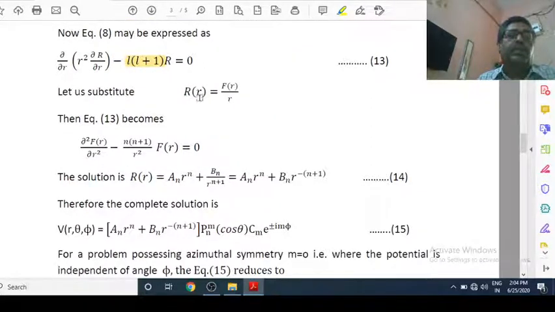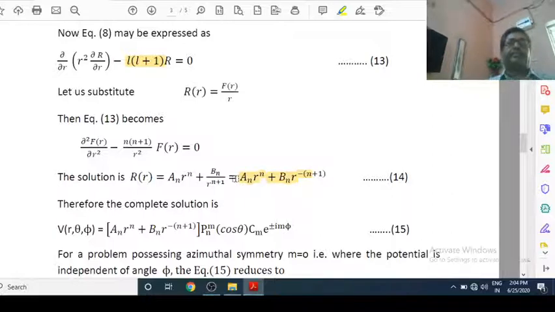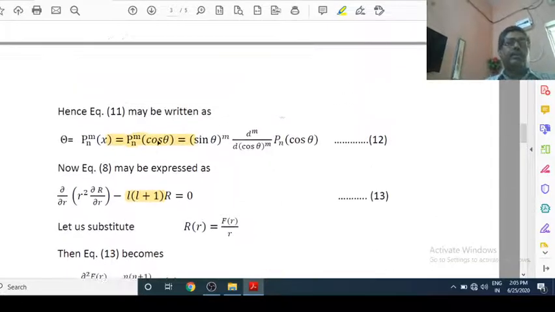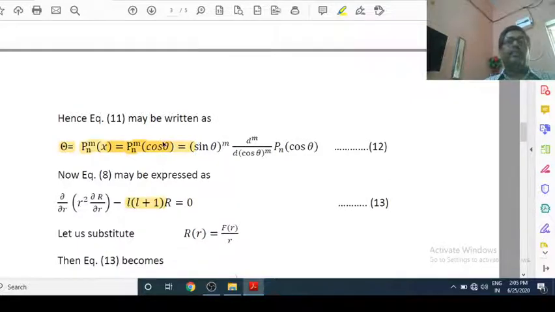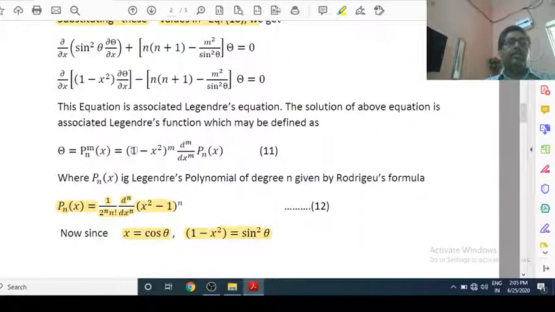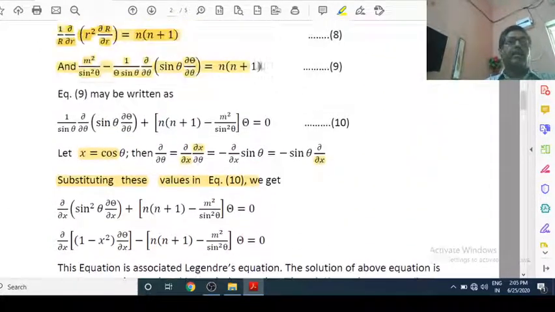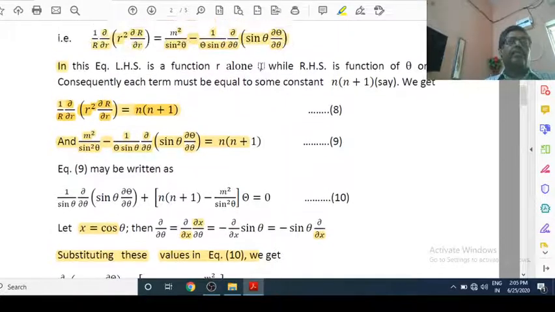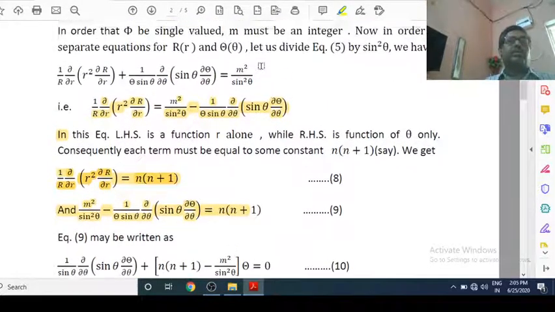Let us substitute r is equal to e to the power z, and if we take the value here, the final solution is this one. So this is the r solution, the first solution. This is the theta solution, the second solution, and this is your phi solution, the one solution was here.